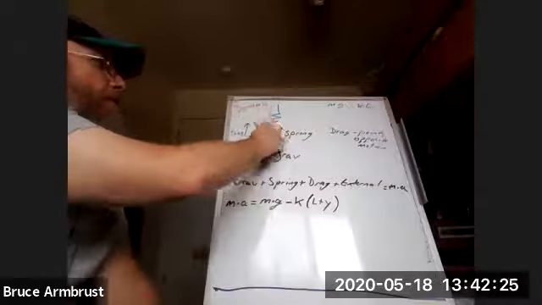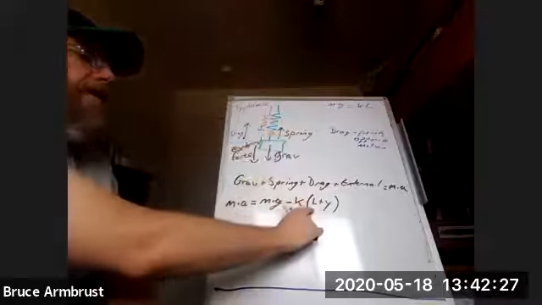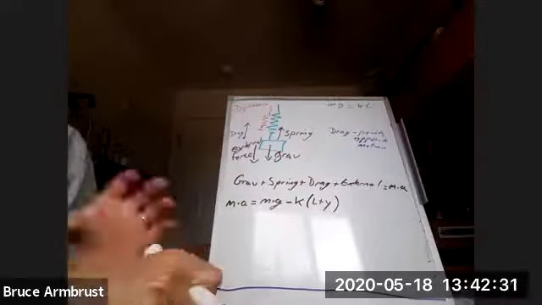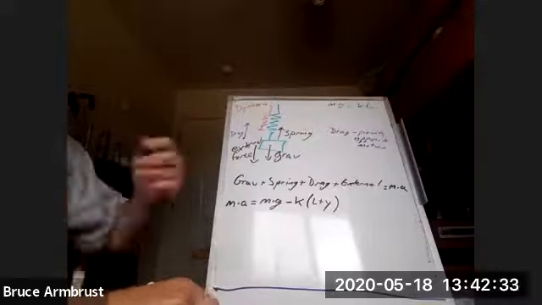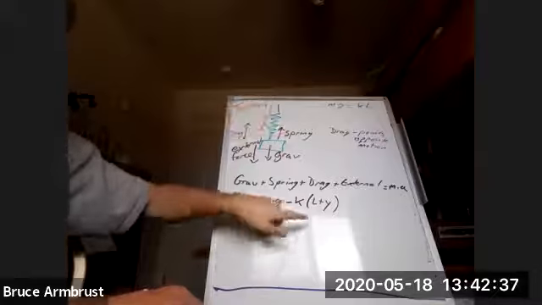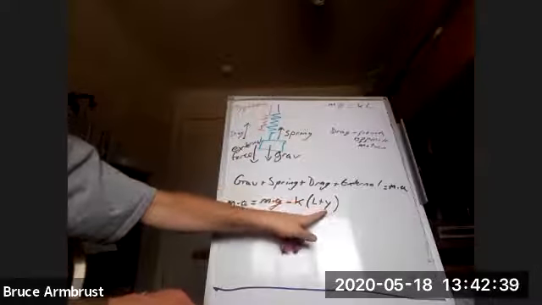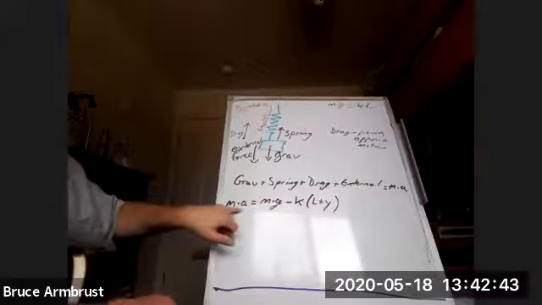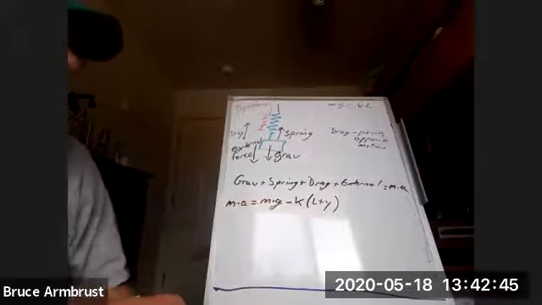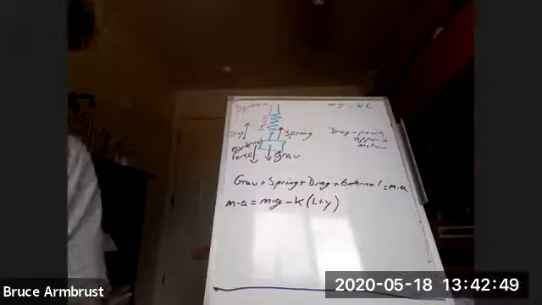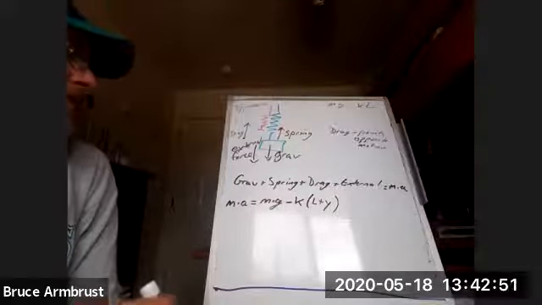Well, as soon as I put the mass on, it stretched it by a factor of L. And then I'm going to add to that whatever the y is, and that's going to change. y is the distance away from equilibrium. So remember that this is a function of time. So far, the things that are functions of time are acceleration and y. All right, so there's our spring.